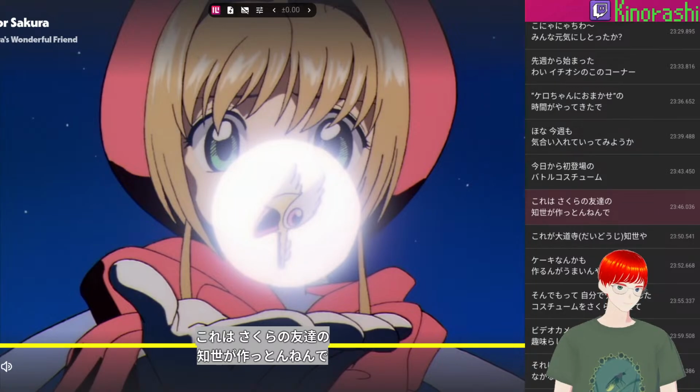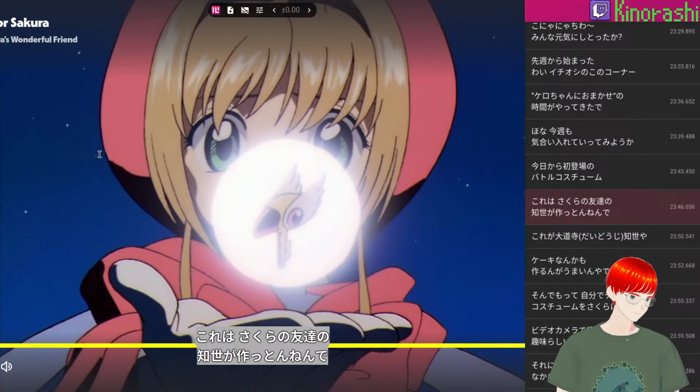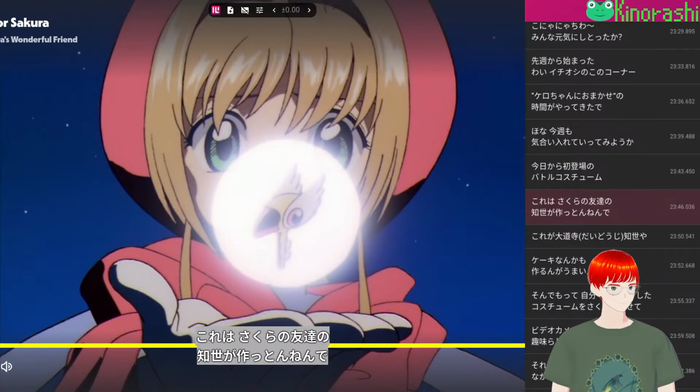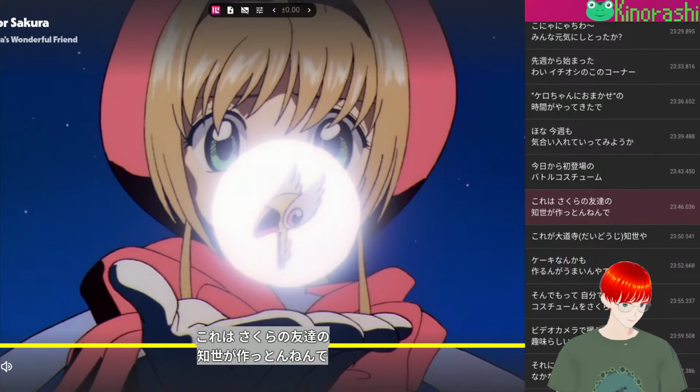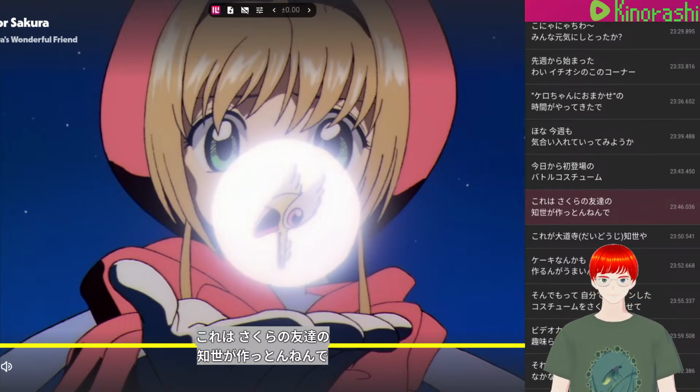Explain the standard way to say it. No desu is a formal explanatory particle used to provide reason or explanation. Okay, so this should be skute iru no desu.